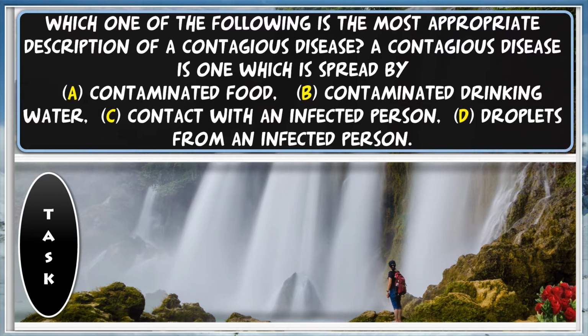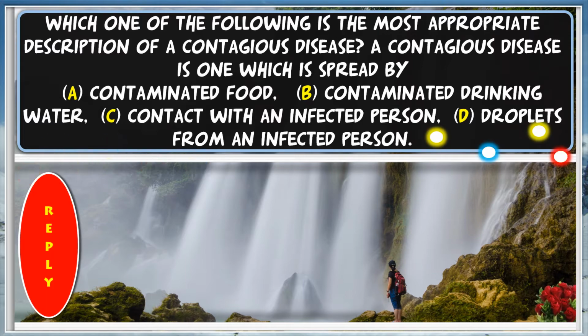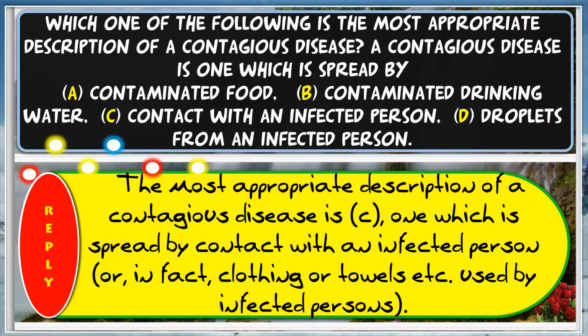D. Droplets from an infected person. The most appropriate description is part C, one which is spread by contact with an infected person, or in fact, clothing or towels, etc., used by infected persons.